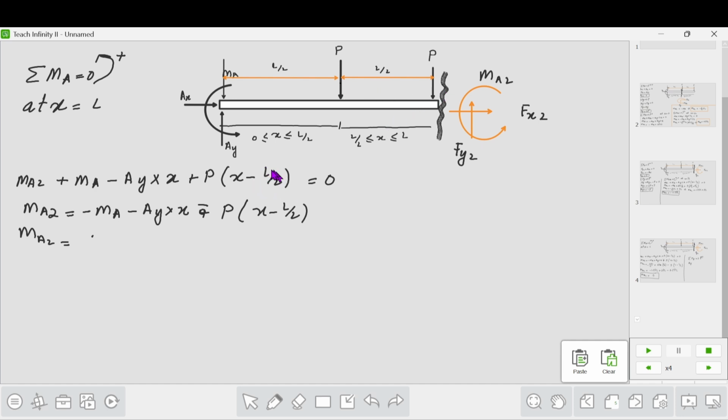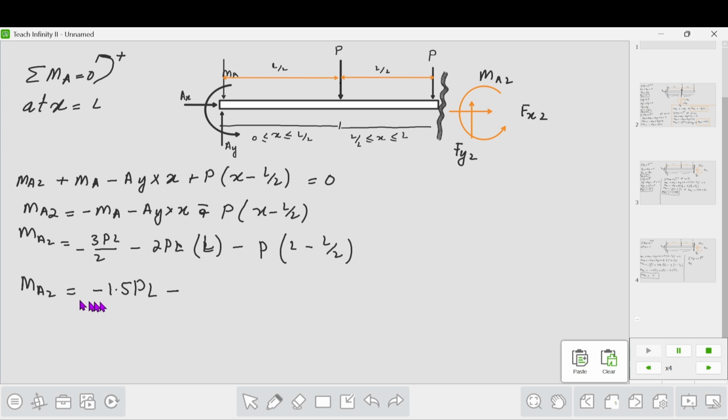So X minus L divided by 2 equal to 0. So MA2 is equal to negative MA, negative AY multiplied by X, negative P times X minus L divided by 2. So MA2 will become equal to, this MA value is 3PL divided by 2, negative 3PL divided by 2, AY is 2P, negative 2P, and negative P, X is L minus L divided by 2.